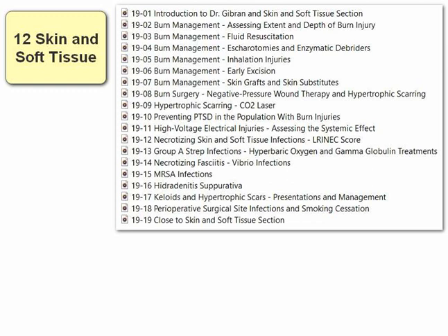There are some people who would say that if the LRINEC score is lower than 6, the patient doesn't have necrotizing fasciitis, but the meta-analyses would suggest that there are patients who need to be excised and debrided who have low scores. And so I do not think that it is an indicator that is helpful when a physician is making the decision to operate or not to operate.